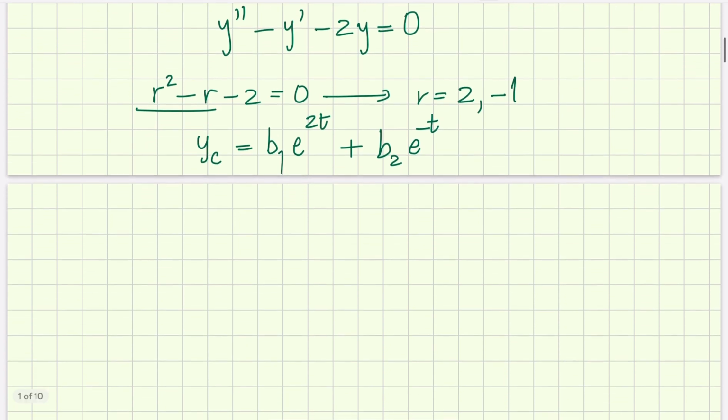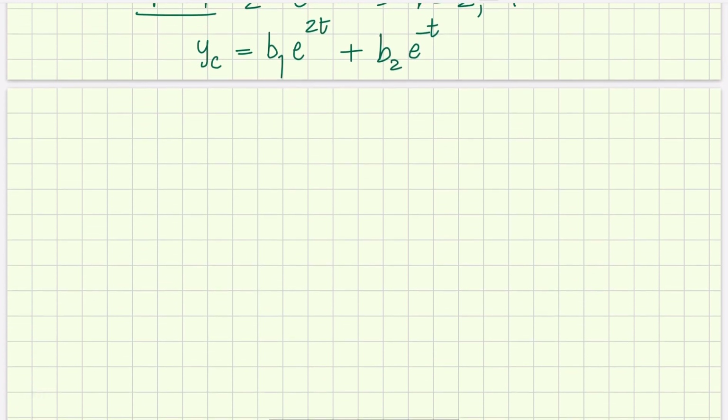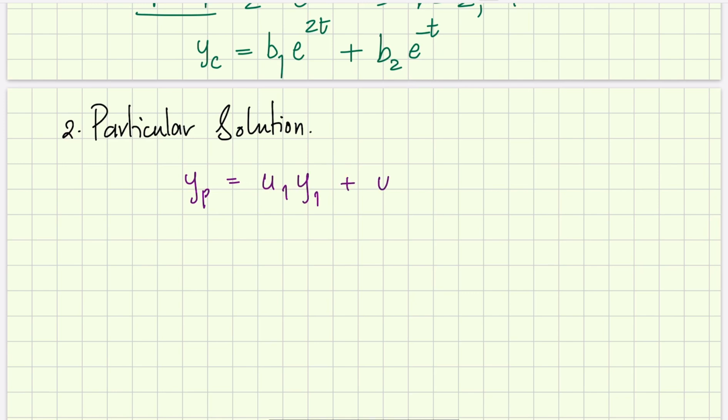Now, second part is our particular solution, which we said has the formula u1. I'm just going to skip all the bracket t's here, just so it looks a bit simpler. These are all functions of t, by the way.